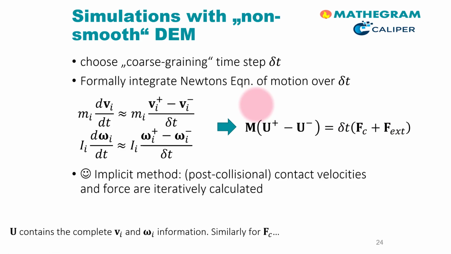In summary, non-smooth DEM is an implicit method to evaluate the post-collisional contact velocity, above indicated with a superscript plus, as well as the associated contact forces. This is done in an iterative manner within each time step delta t.